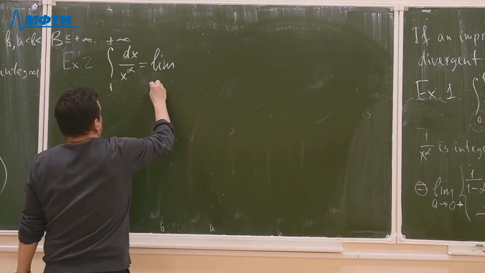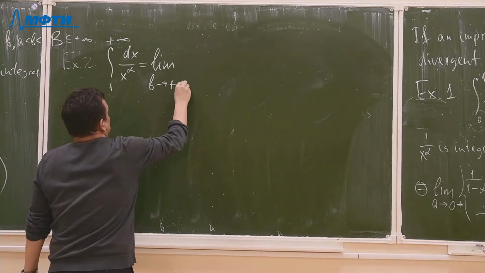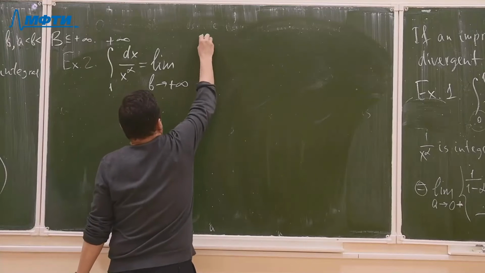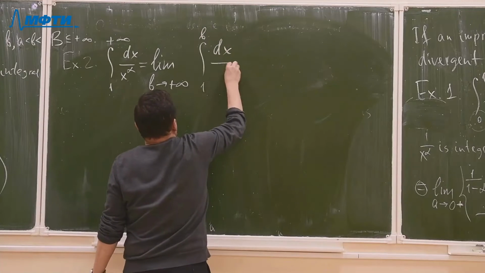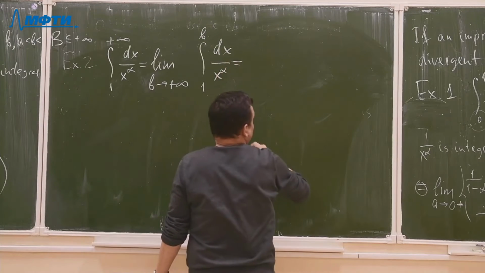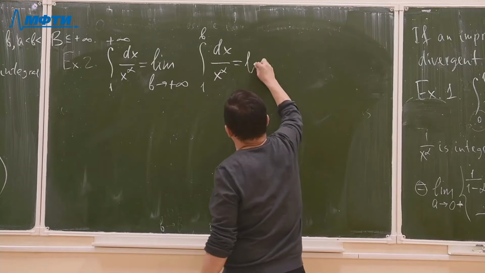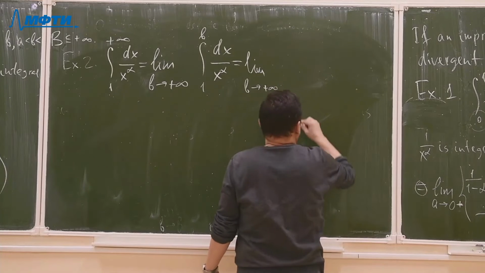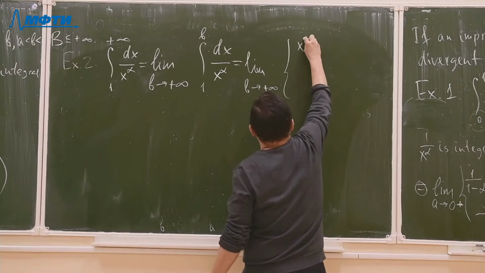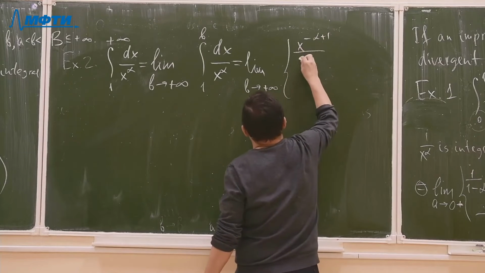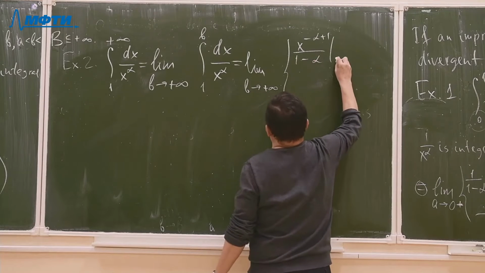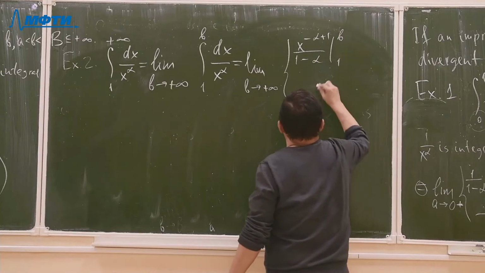Now we consider the limit as b tends to plus infinity of the integral from 1 to b dx over x to the power alpha. That is the limit as b tends to plus infinity. Let me write down the same result from 1 up to b now.